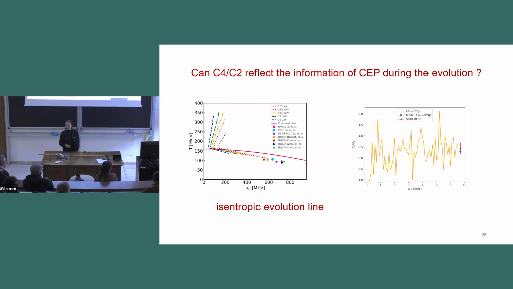So basically, yeah. But the initial temperature is high, still for 7.7.